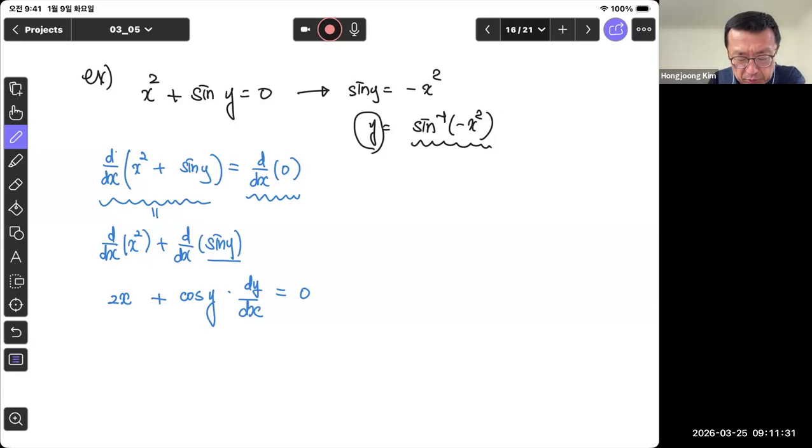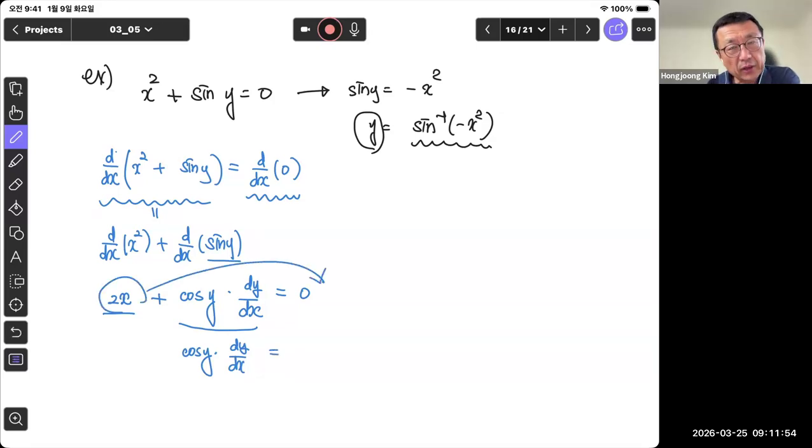So 2x does not have dy dx, so I will move this 2x to the opposite side. But the second term has dy dx in it. So you keep cosine y times dy dx on the left hand side, and move this 2x to the right hand side, to become negative 2x.